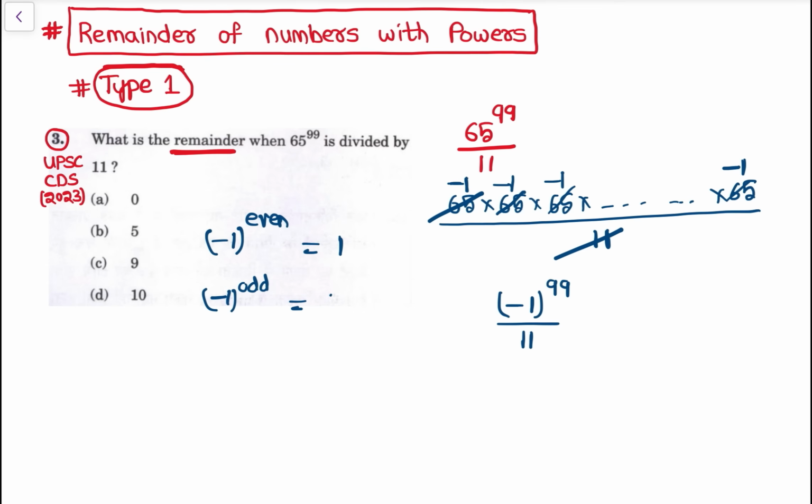So -1 to the power odd number है 99, so this is -1 upon 11. So remainder -1 नहीं हो सकता, so it would be -1 plus 11, so that is 10. So overall remainder is 10. So option D is the correct answer.